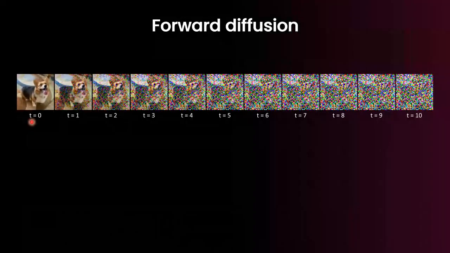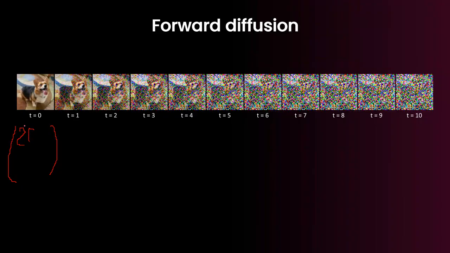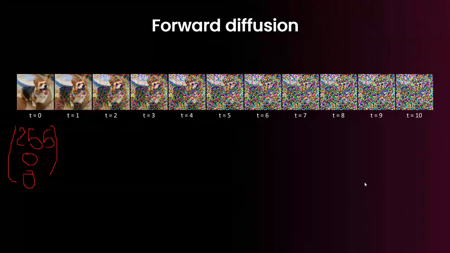For simplicity, imagine that this image is made of just 3 RGB pixels. We can say this pixel only is a vector of 255 and 0 and 0. Let's make it like this for simplicity.